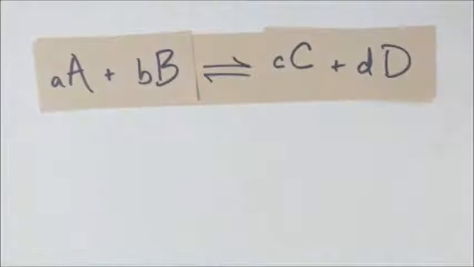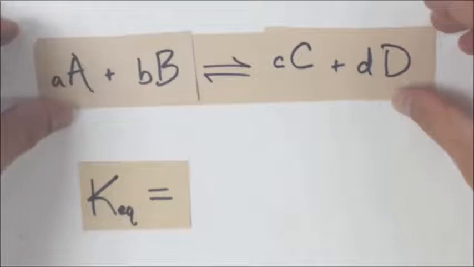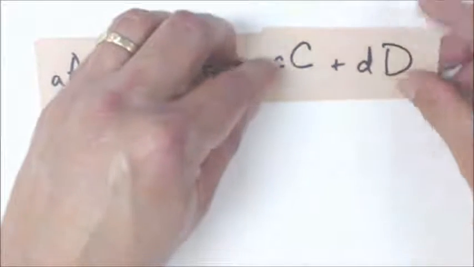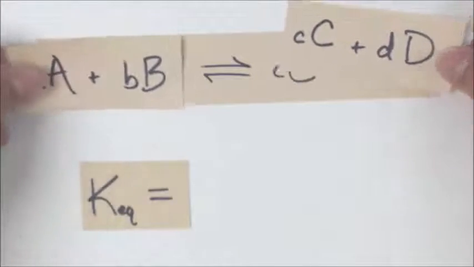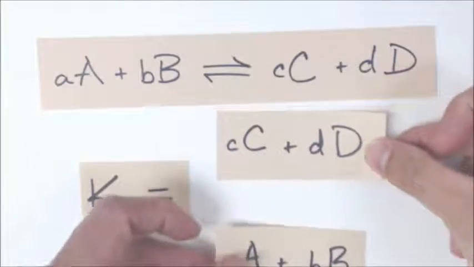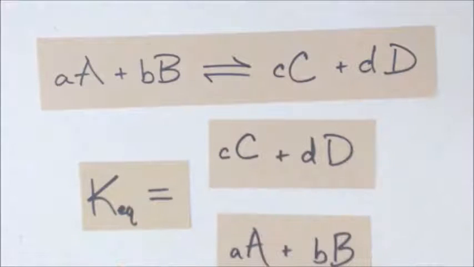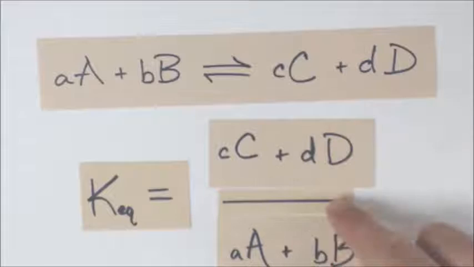When we write the equilibrium constant expression, KEQ, the C and D get shifted to the top and the A and B get shifted to the bottom. So we're going to move them counterclockwise like this and write our equilibrium constant expression. So that's products over reactants.